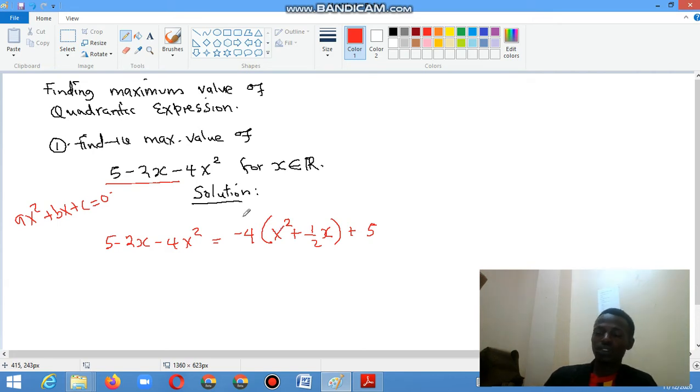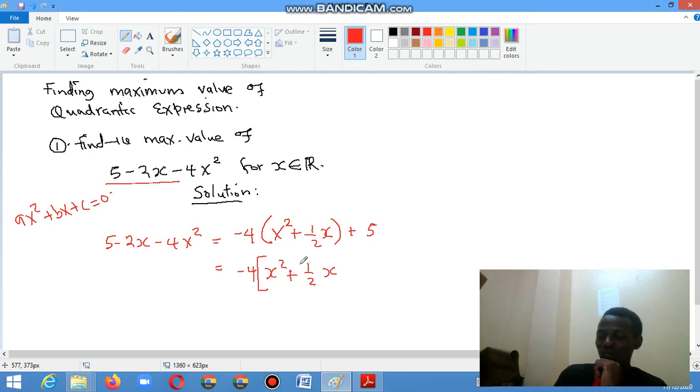Look how. So I'm going to do this. Minus 4, x squared plus a half x. Now the coefficient of x is not a half, because when you take a half, that means you are now excluding that -4 that is outside the brackets, so you have to also include it there.